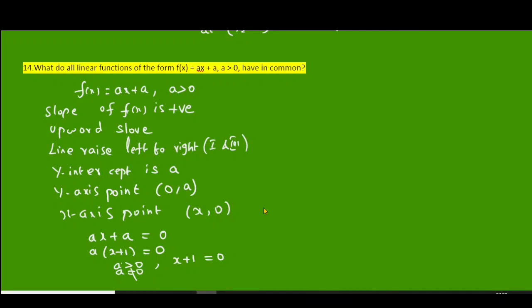So we can take the next factor, x plus 1 is equal to 0, nothing but x is equal to minus 1. Therefore the x-intercept, or x-axis point, is minus 1 comma 0. So this is the common observation from the given pattern.